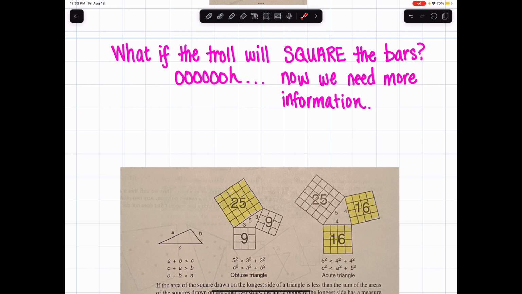Now the troll is getting tricky. Are you still better off going with the 2 squares that make up the triangle, or are you better off going with the big square? Okay, it's not the same thing as just a bar of gold. Now we need more information. We do not have enough information to answer the troll appropriately.